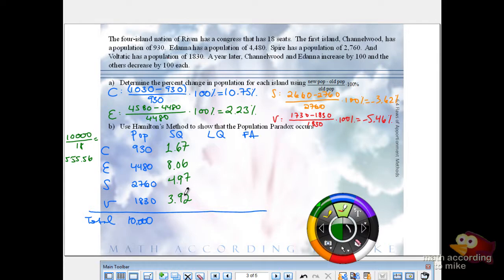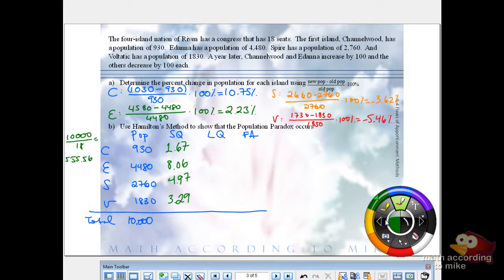Oh, I'm sorry, 2.9. Fine. I'll mark it. All right, rounding down, we get 1, 8, 4, 3. What is 1 plus 8 plus 4 plus 3?